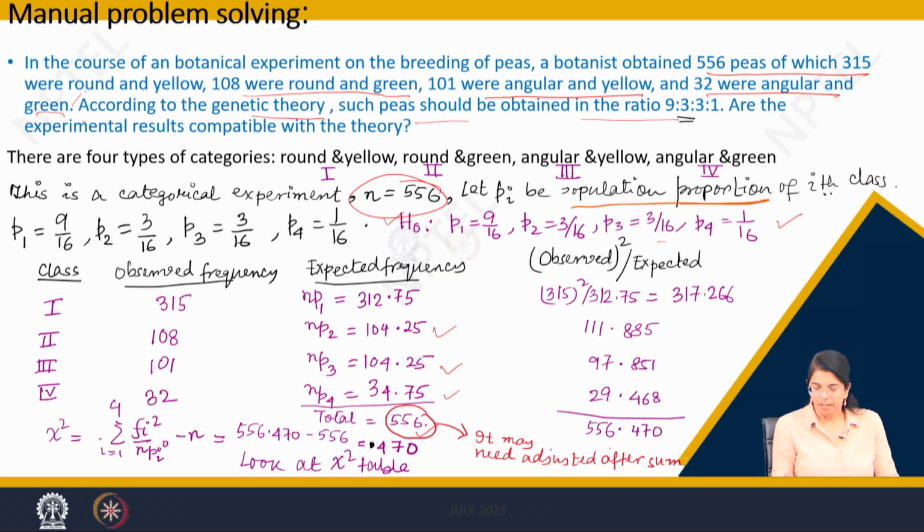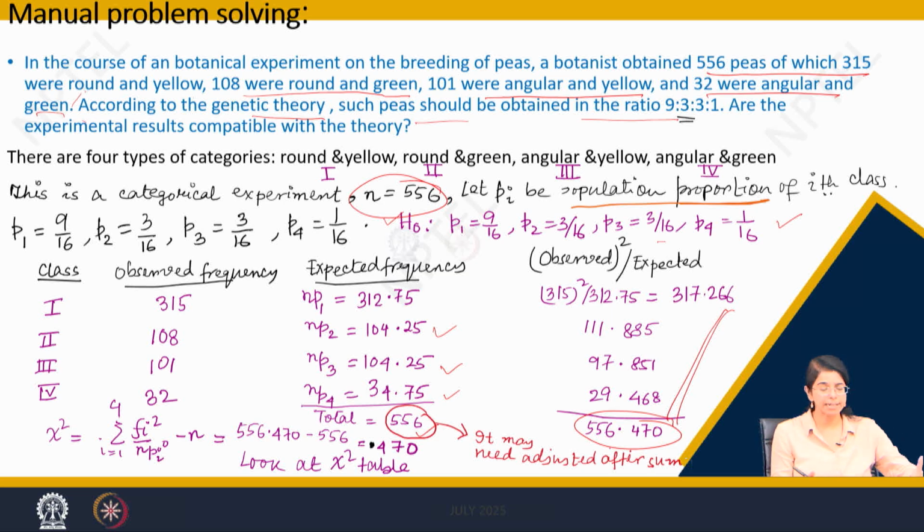significant. Now coming down to the calculation of the Pearson chi-square, observed squared divided by expected, and that is the calculation, and it means summation Fi squared divided by NPi minus n, and that sum turns out to be 556.470.